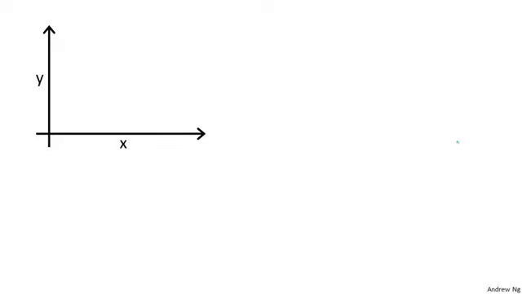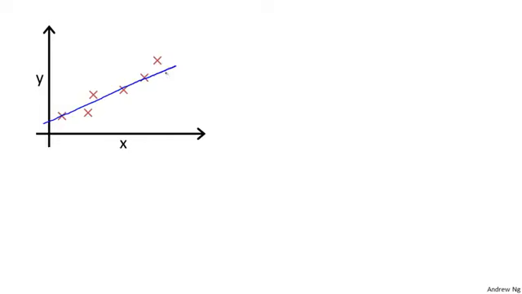In linear regression, we have a training set, like maybe the one I plotted here. What we want to do is come up with values for the parameters theta 0 and theta 1, so that the straight line we get out of this corresponds to a straight line that somehow fits the data well, like maybe that line out there.